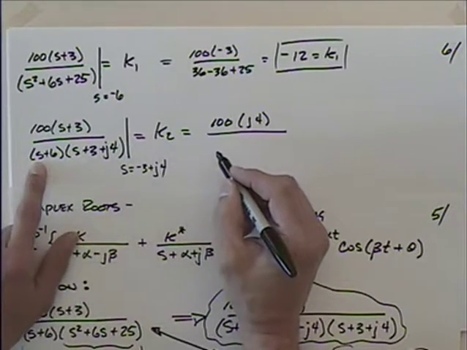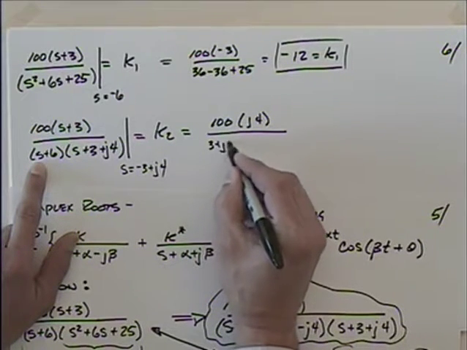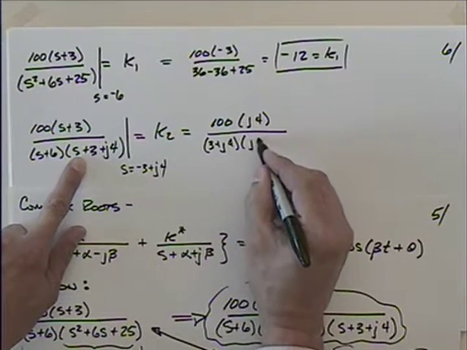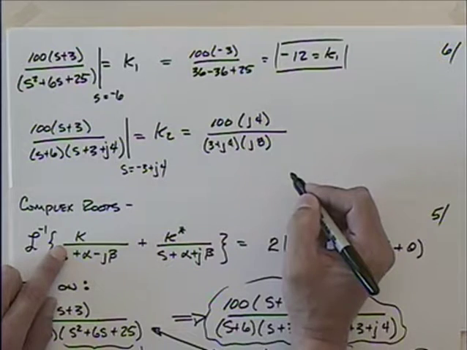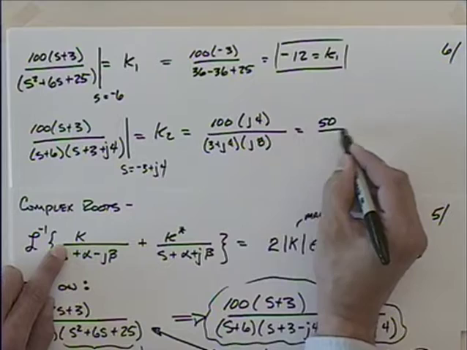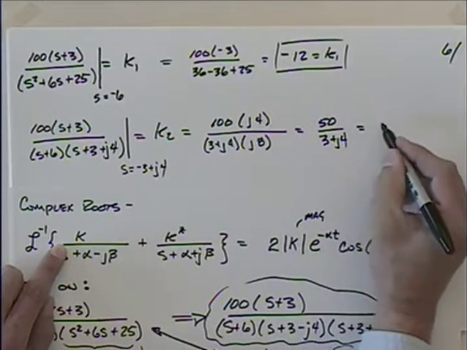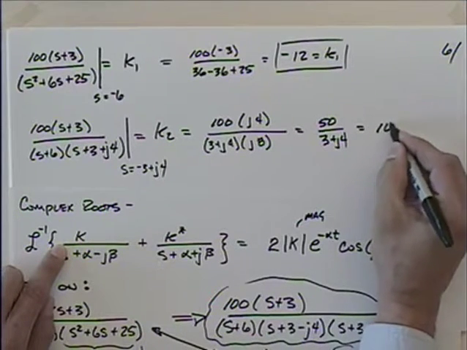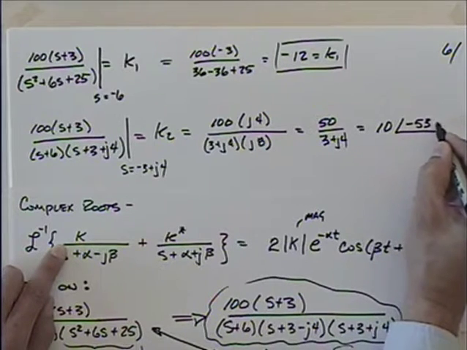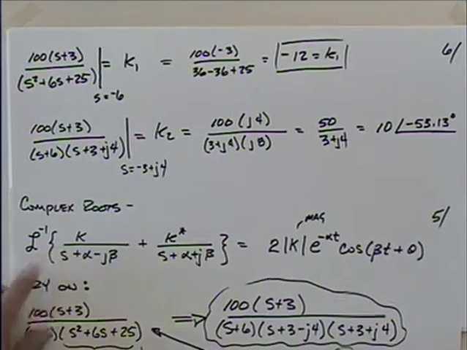Put S in for this, you'll come up with 3 plus j4, and then you're going to have a j8, which gives me 50 over 3 plus j4. So I put this in magnitude and angle. This is 10 at an angle of minus 53.13 degrees. You okay with that?